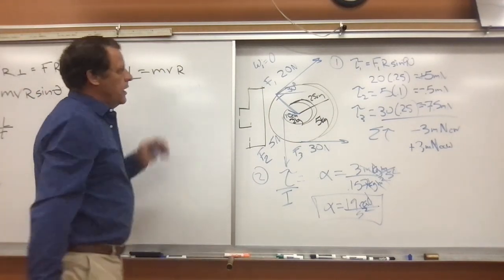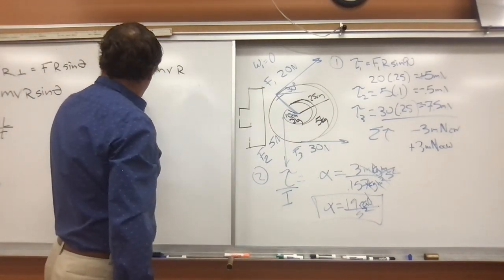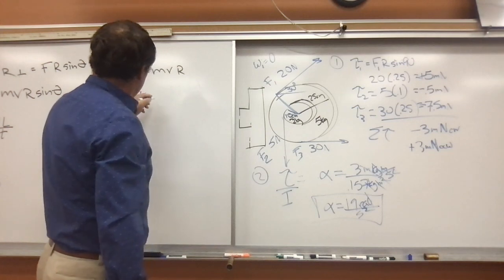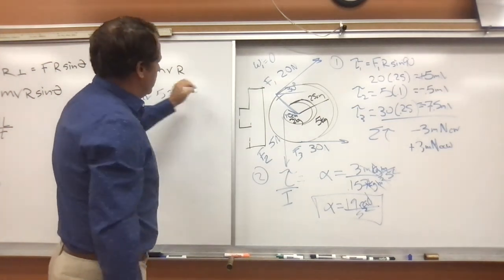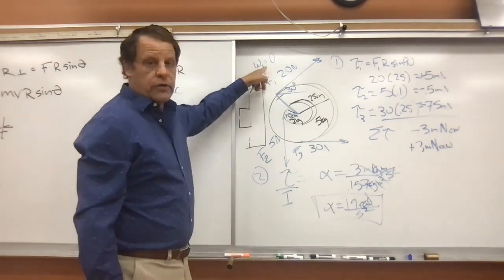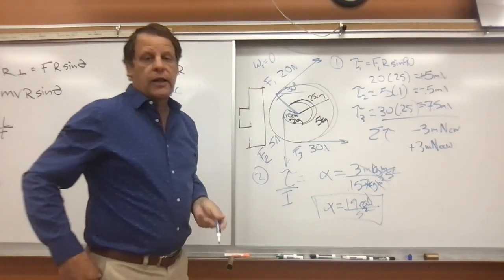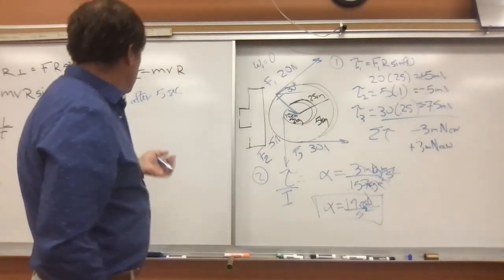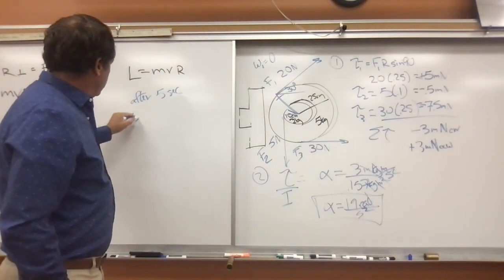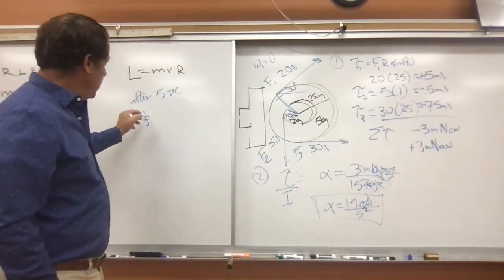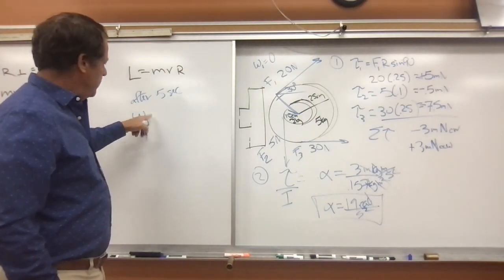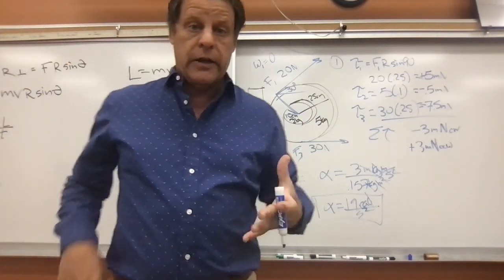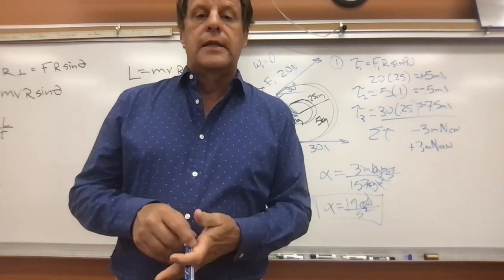So let's get another couple questions answered here, with the same diagram. And now let's say after 5 seconds, if our initial velocity was 0, then what is our final angular velocity after 5 seconds? So now we're going to go back and use the kinematic equations.